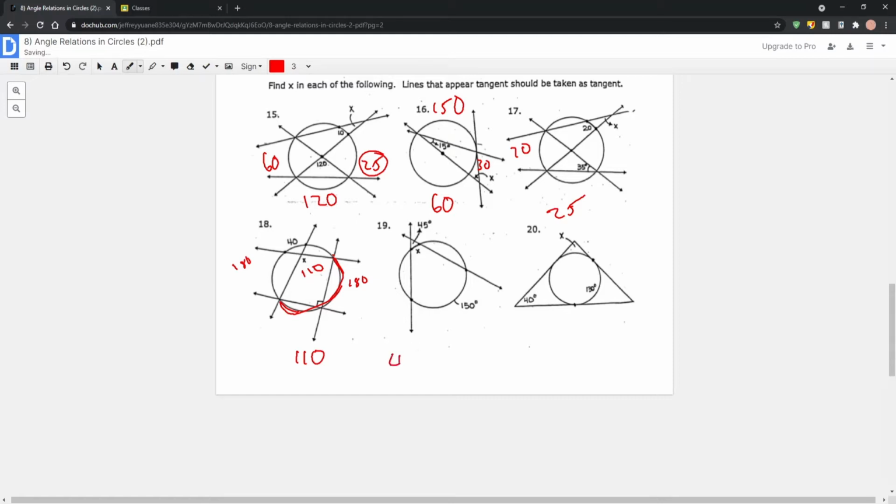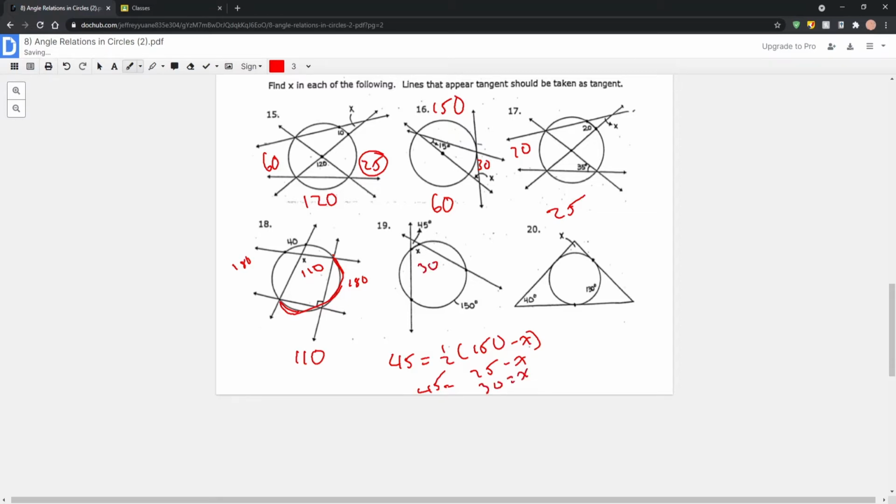So 45 is equal to half of 150 minus x, and that's 75 minus x equal to 45, and then 45 minus 75 is, wow, I am just tripping up. My math is just not on point. Negative 30, so 30 is equal to x.